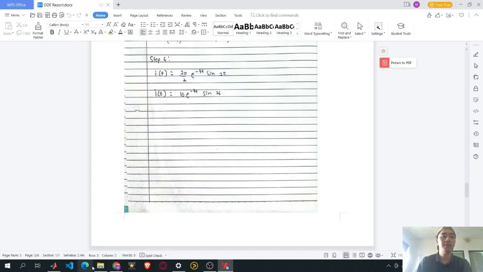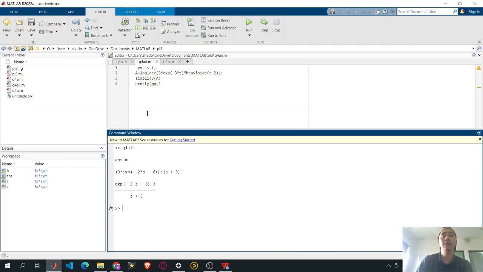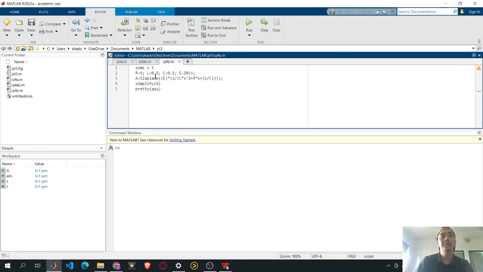So we are going to the MATLAB simulation. First things first, we need to declare s and t, and then R is equal to 4, L is equal to 0.5, C is equal to 0.1, E is equal to 10 over s. And then A is equal to the inverse Laplace of the equation.